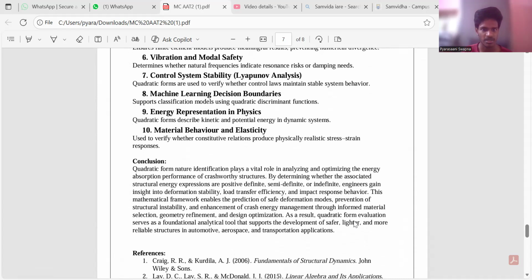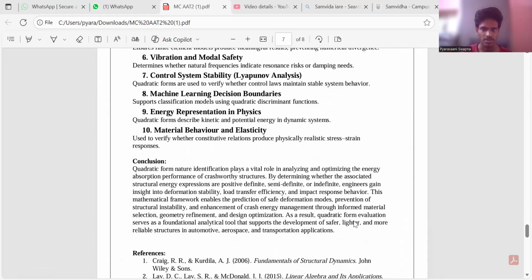This mathematical framework enables the prediction of safe deformation modes, prevention of structural instability, and enhancement of crash energy management through informed material selection, geometry refinement, and design optimization.